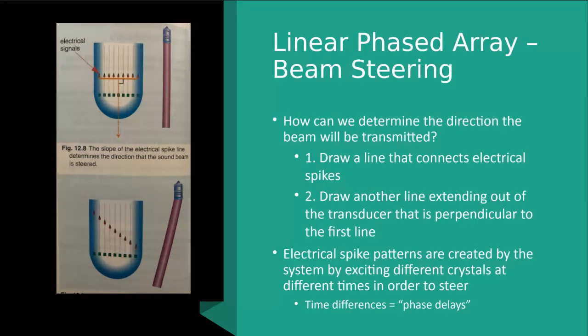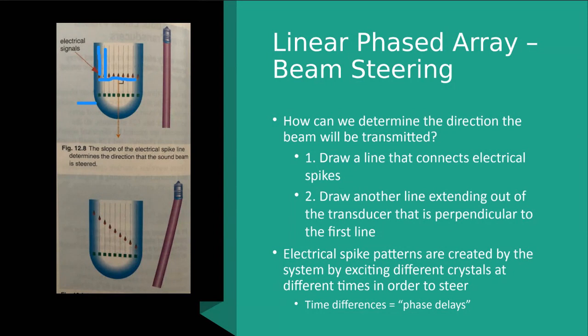If we look at our picture on the left-hand side, this is coming right out of our transducer. Here are our electrical signals, coming from the system. They are exciting our active element, so that's going to be our layer right here, this yellow line.